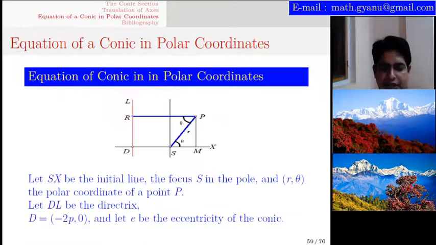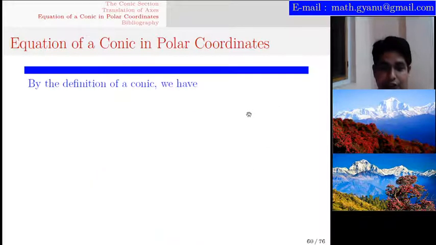By the definition of a conic, we must have SP by PR equal to a constant value. So we have SP by RP equal to E, where the constant is denoted by E, called the eccentricity. Consider equation 1.